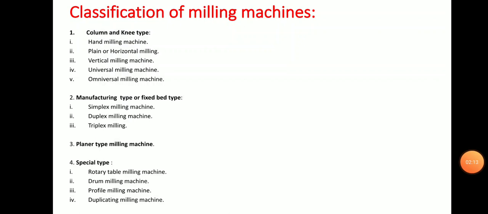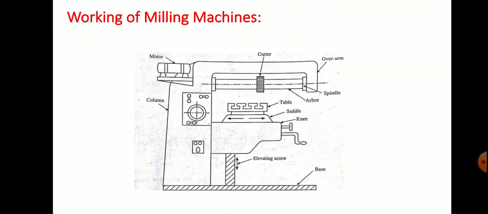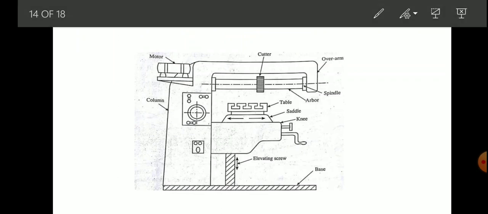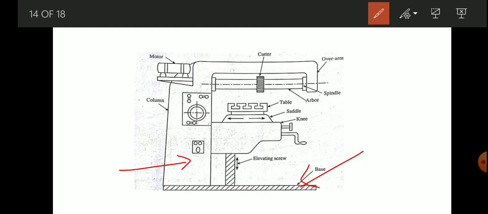Now let us see the working of milling machine. Here we can see a simple sketch of milling machine which consists of a base, column, knee and overarm. The column is connected to the knee and it is connected to the overarm.